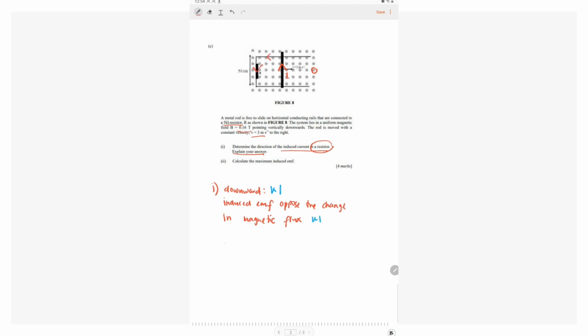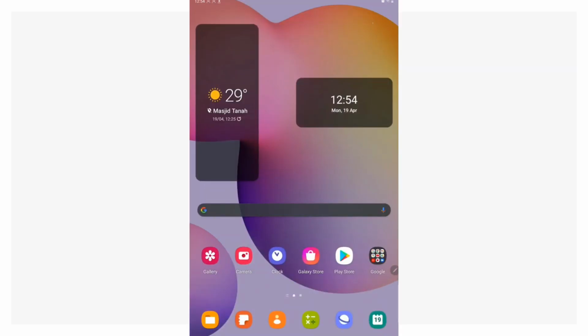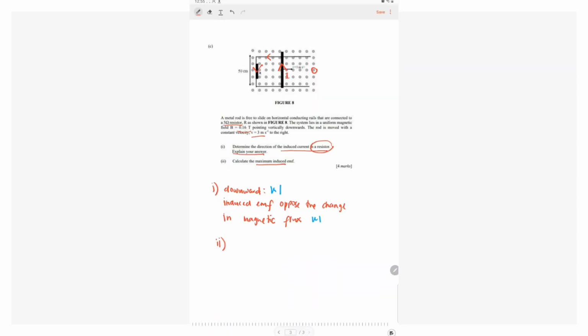Okay, yang seterusnya soalan yang kedua, unit to calculate maximum induced EMF. Okay, untuk nak cari induced EMF for moving conductor, kita guna formula EMF equals to BLV sin theta.